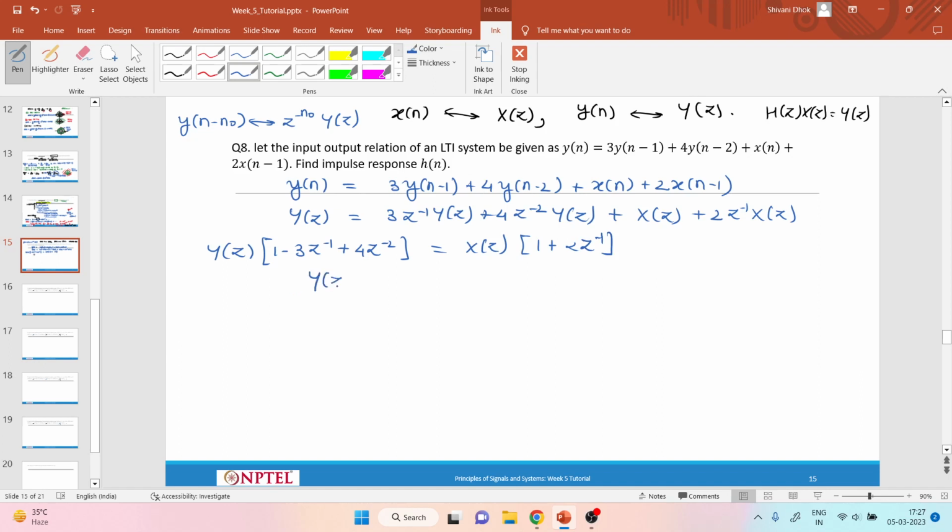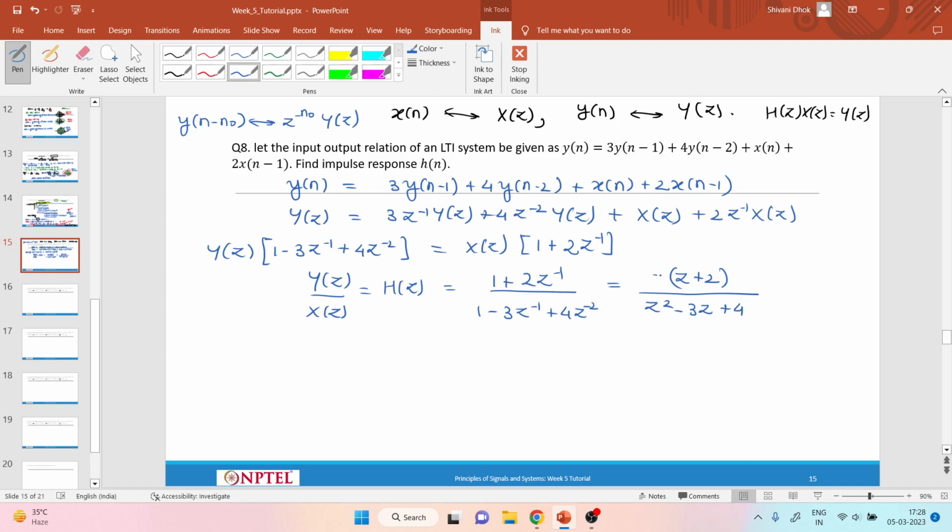Therefore, y of z upon x of z is equal to h of z is equal to 1 plus 2z inverse whole divided by 1 minus 3z inverse plus 4z to the power minus 2. This I can write as z plus 2 upon z upon z square minus 3z plus 4 upon z square.